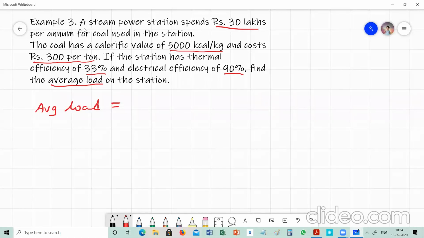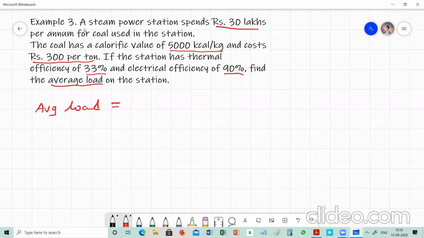As you observe the problem, they have not given the information about load factor, but they have given the information about efficiency. If the input energy is known, using the efficiency we can calculate the output energy generated, the number of units of energy generated, and using that we can calculate average load.